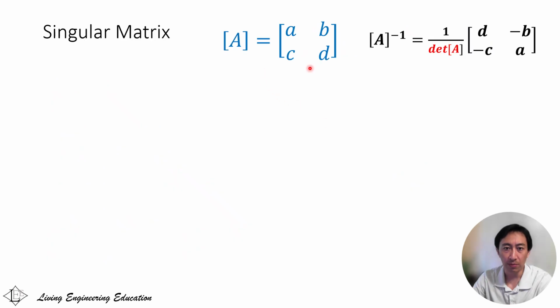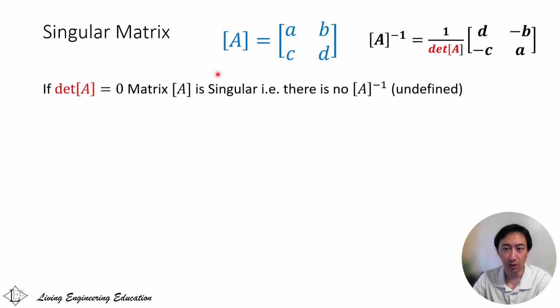When we have a matrix A that we cannot solve for the inverse of, we call this a singular matrix. This happens when the 1 over the determinant is undefined, right? So when the determinant is equal to 0, then we call this matrix A a singular matrix. And in that case, you cannot solve for the inverse of the matrix.